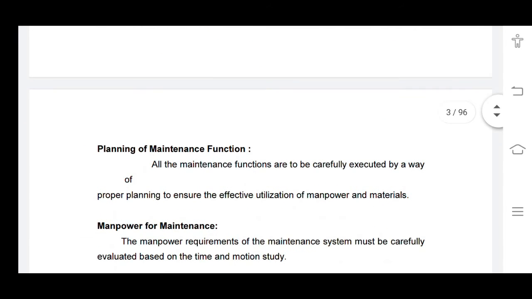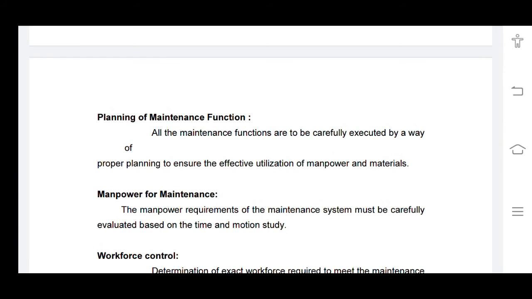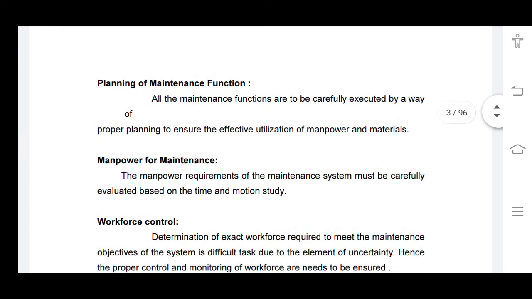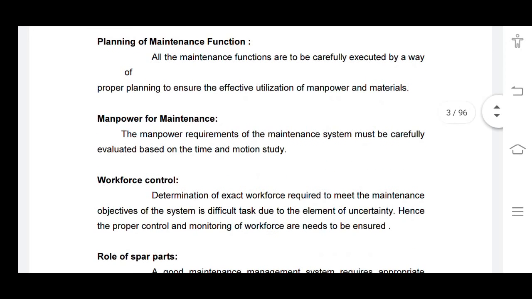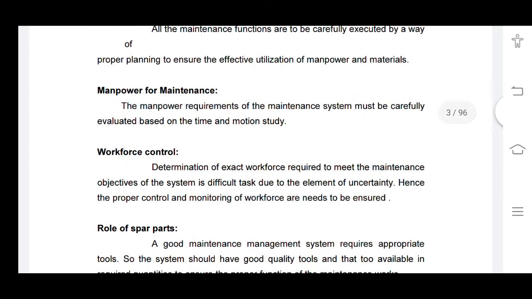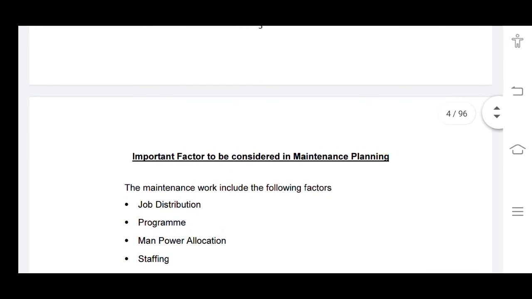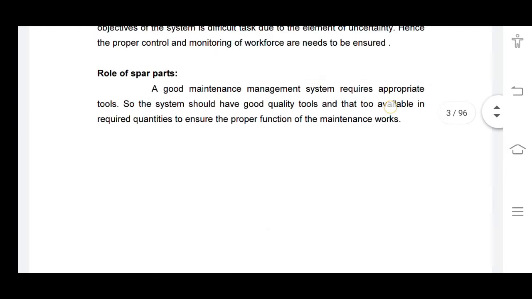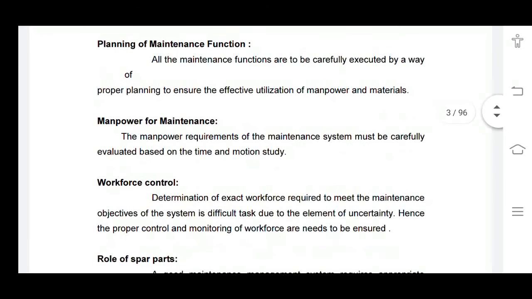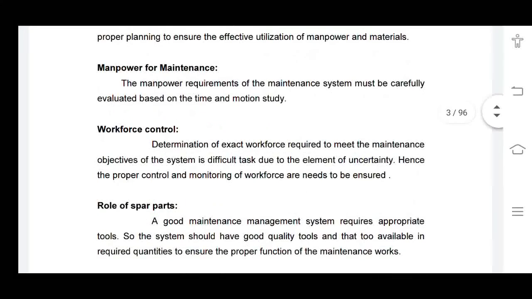Information based decision making includes planning of maintenance function, manpower for maintenance and workforce control, and the role of spare parts. Okay, so these are important points, and you have these notes, you can go through them.